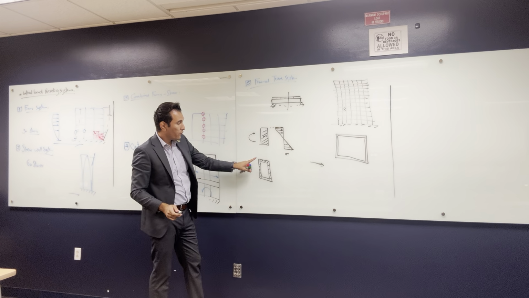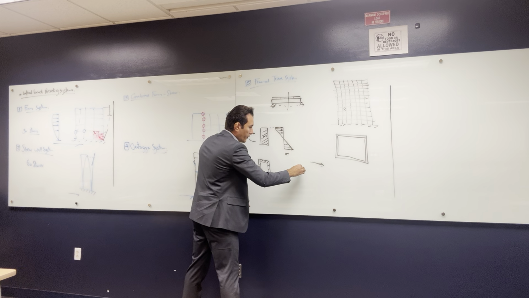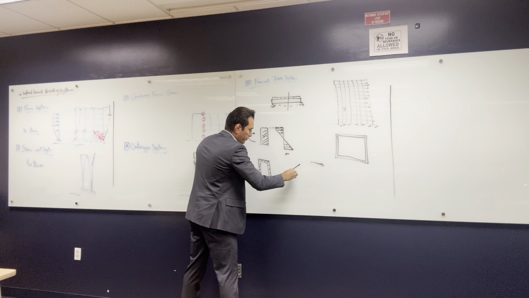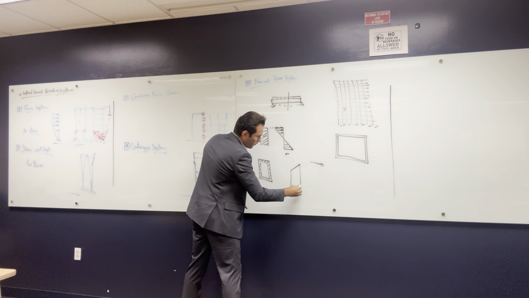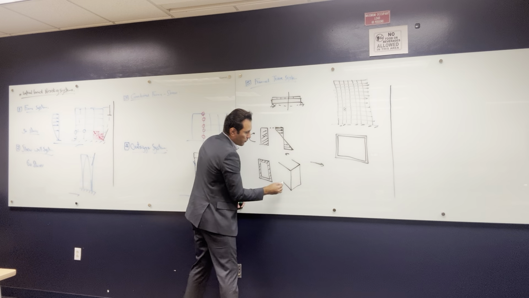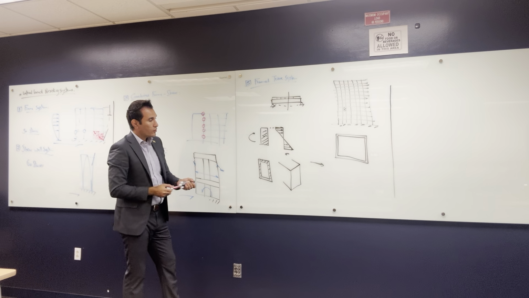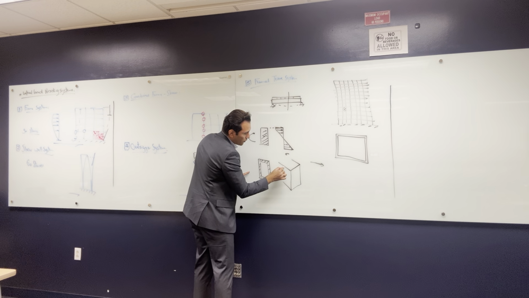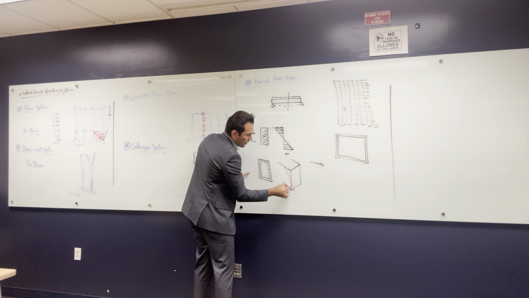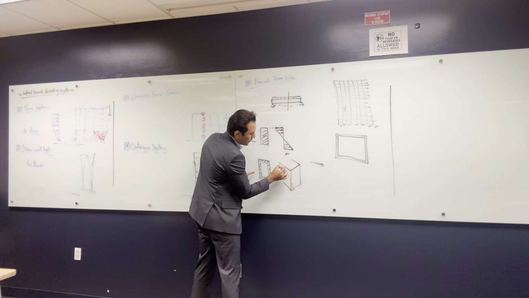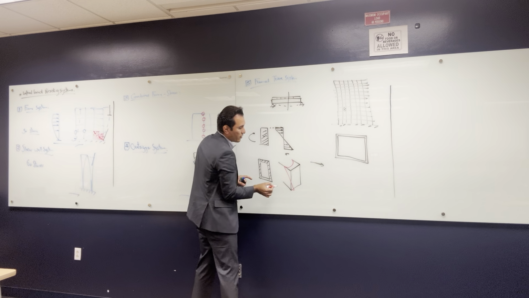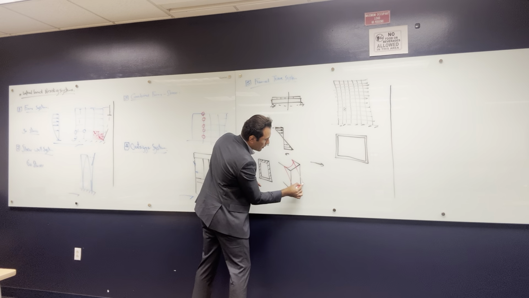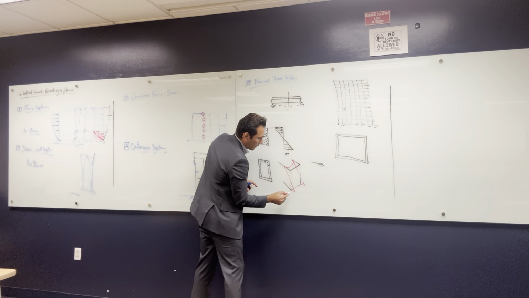Maybe it's linear here, but if we look at the stress strain curve in 3D, and this is the section that I'm looking at, it's gonna be something like this, because this is a solid section. The stress strain is gonna be something like this in this section, and the stress is gonna be something like that, and the stresses here are gonna be something like this. In here it's gonna be something like that.